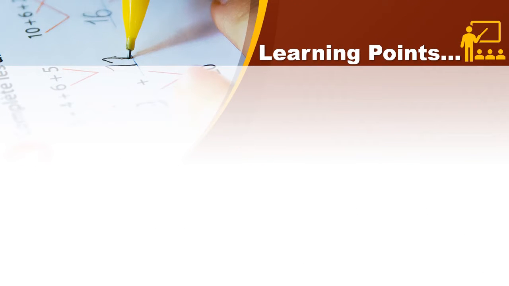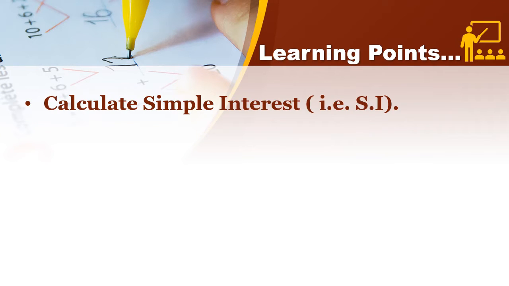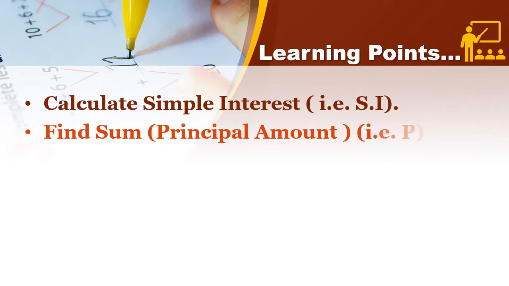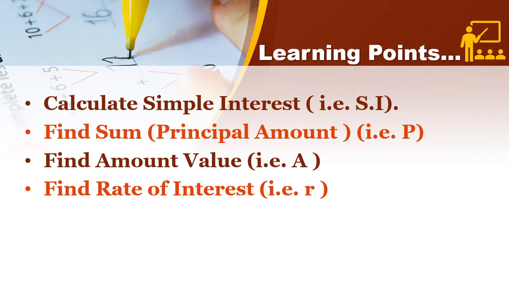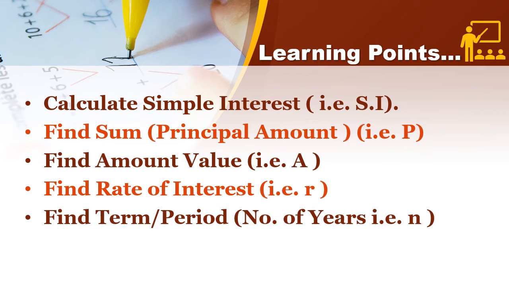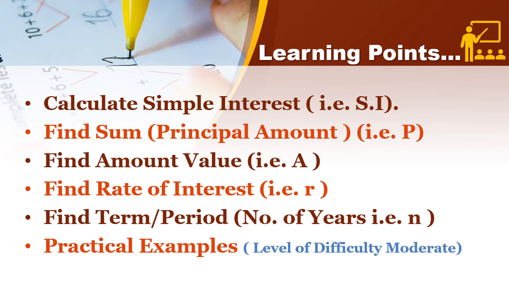The learning points in this video lecture are: calculate simple interest, that is SI; find the sum, meaning principal amount, that is P; find the amount value, that is A; find the rate of interest, that is R; find the term or period, meaning number of years, that is N; and practical examples.